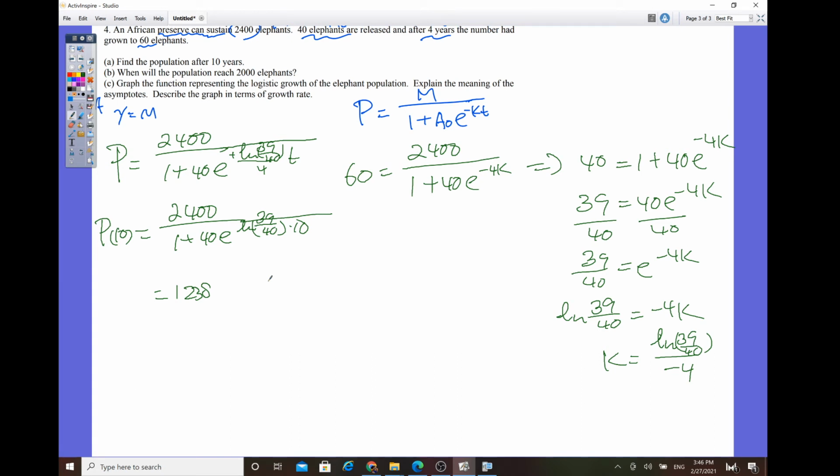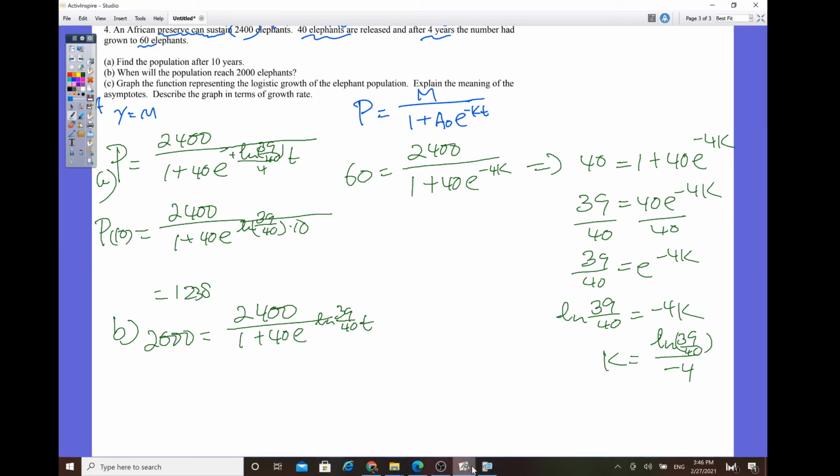For 2,000 elephants, try to do it on a calculator. So 2,000 equals 2,400 over the same quantity, e to the power of natural log of 39 over 40 times t.